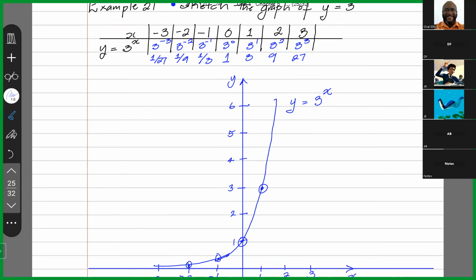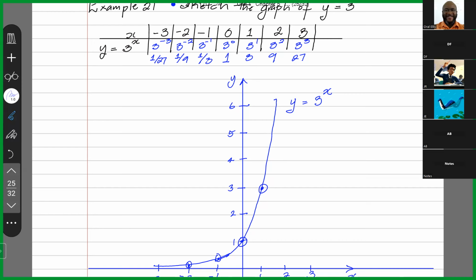We can look at our table of values: positive 1/27, 1/9, 1/3, 1, 3, 9, 27. 3 raised to the power x is always positive.